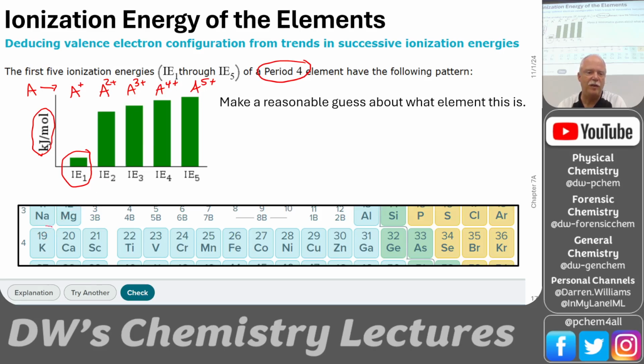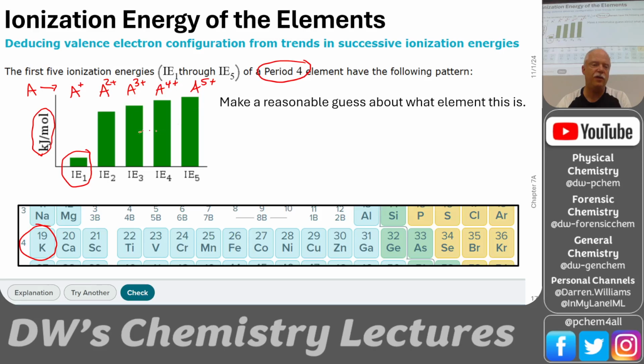So it's probably potassium, because it would be real easy to remove that 4s electron from potassium. And then to go to potassium 2+, the potassium cation would have the same electron cloud as argon. So K+ looks like argon. It'd be really hard to break that electron cloud. So you can do it, but it would be this much energy.